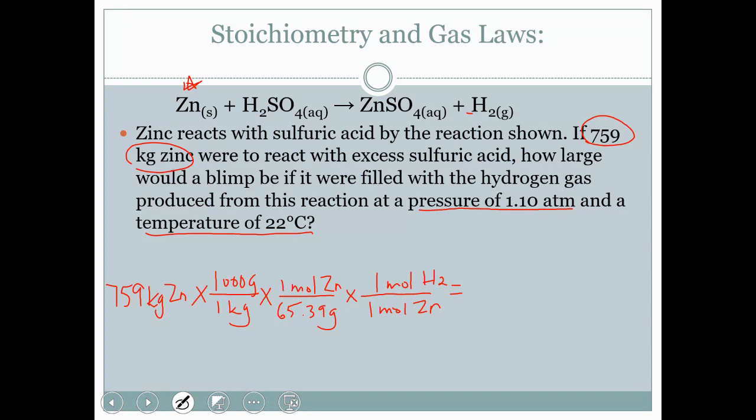So plug this in your calculator. And I got, and I'm going to keep 3 sig figs, I got 1.16 times 10 to the third. And I want to check that because sometimes I hit the wrong buttons on the calculators before we move on.